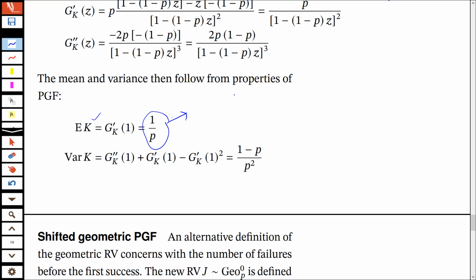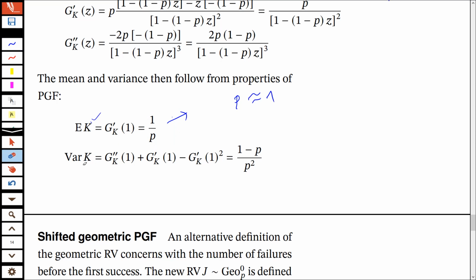If p is small, which means the success is unlikely, 1 over p will be large, which means that you would expect more trials to see that first success. If p is large, nearly equal to 1, then 1 over p will be small, so the expected number of trials will also be small.